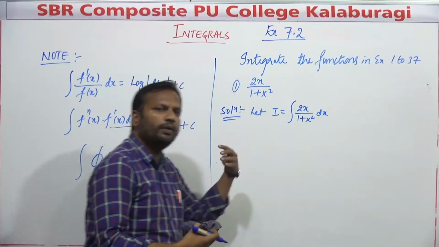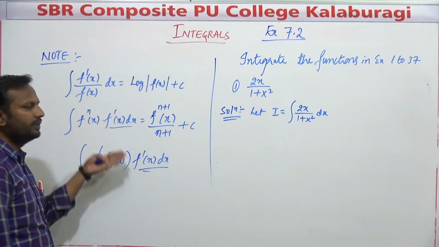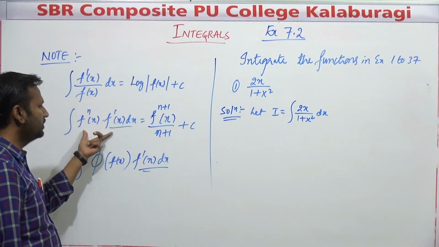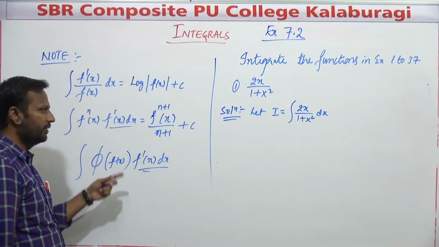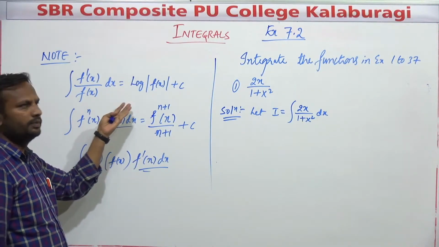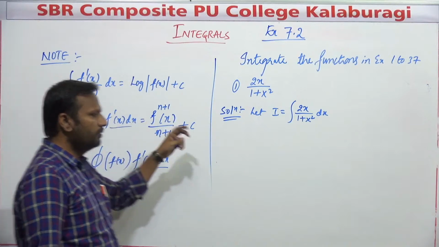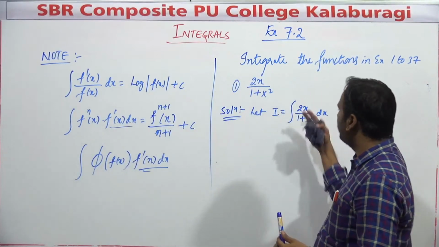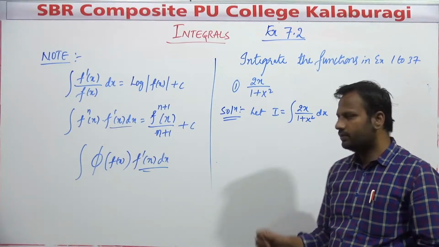Just see here, you have to recognize the format. Either it will be in this form, or this form, or this form. Let's go for the first one. Firstly, you have to look for the complex one. In the numerator and denominator, which is the more complex one here?